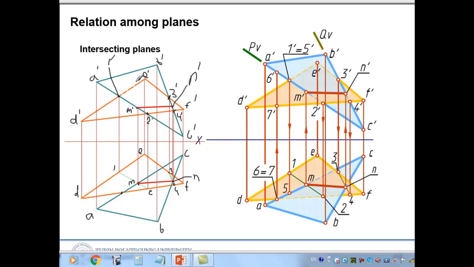This side of the plane is hidden. And also here, hidden.